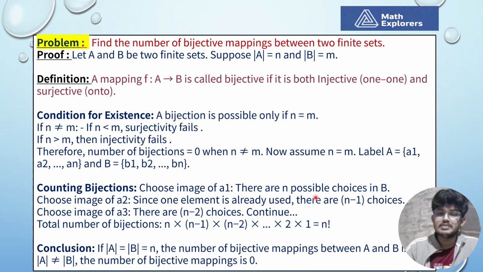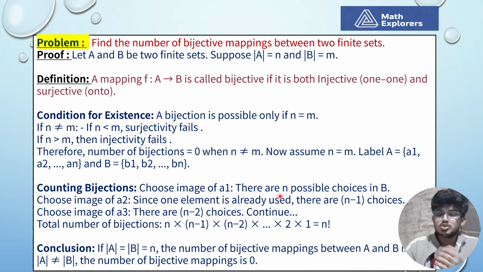There are n possible choice for a1 in B because the cardinality of A and B are same. So n equal to m. In this case, there are n possible choice. A1 का image B1 भी हो सकते हैं, B2 भी हो सकते हैं, Bn भी हो सकता है.